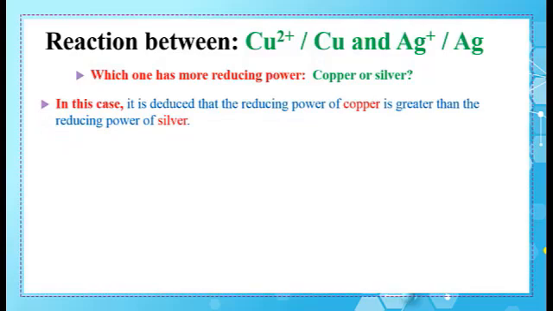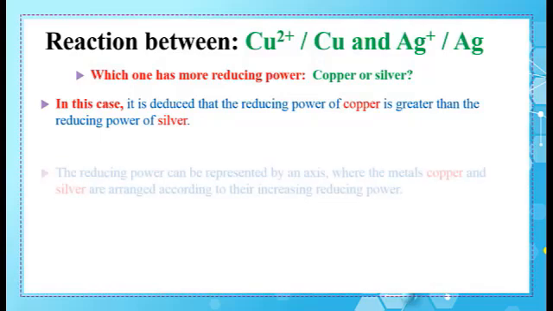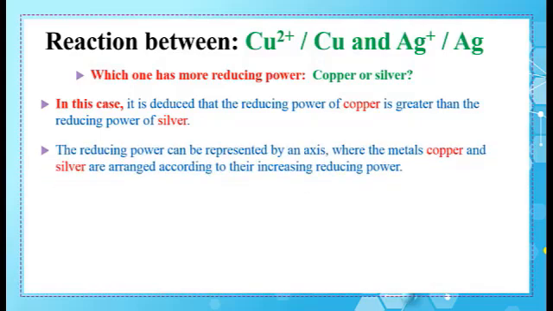So we can deduce that the reducing power of copper is greater than the reducing power of silver. Now, this reducing power can be represented by an axis where we put the metals copper and silver and arrange them according to their increasing reducing power. It is very important to note that the increasing reducing power is downward.